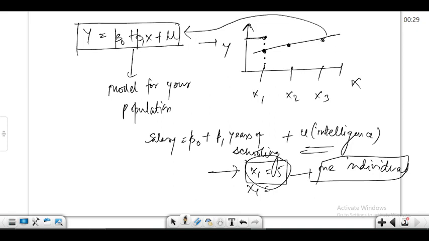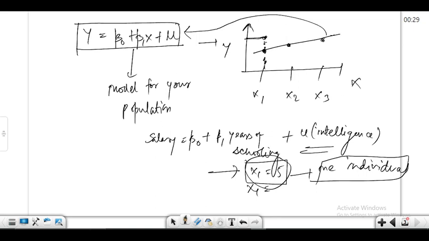Okay. So supposing this is the case for x1, and if I have to do this for the entire population, I will get different values of y for the same value of x1.